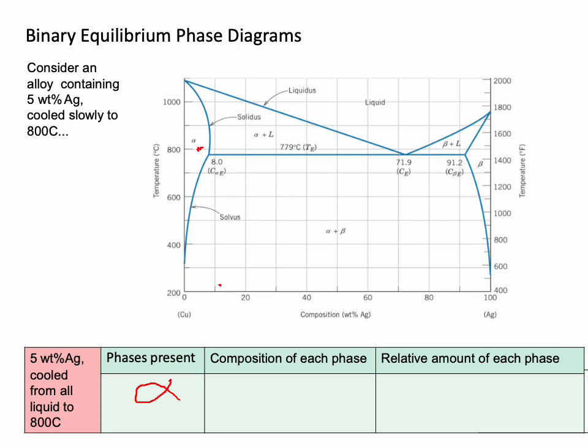And that alpha has the composition equal to what we started with. It's 5 weight percent silver. The relative amount of that, well, there's only one phase, so it's 100% alpha.